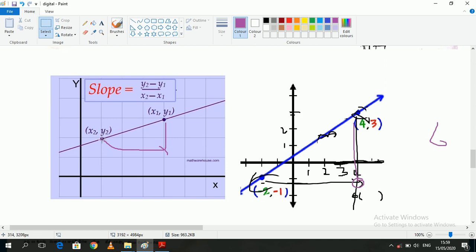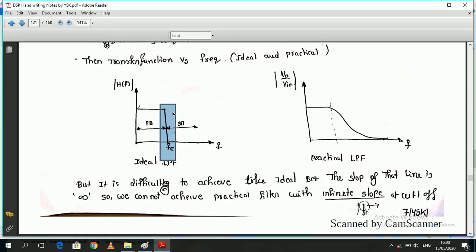But if you move this point to this side to make a straight vertical line, what is the slope? You can calculate; you can definitely find it is infinity. Here it is infinity slope at the cutoff frequency.